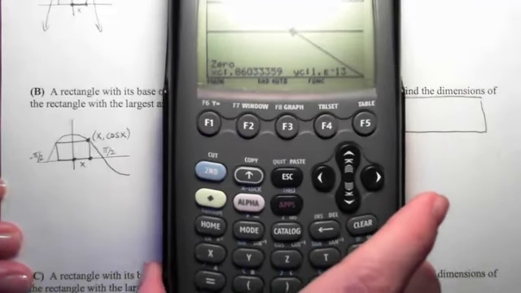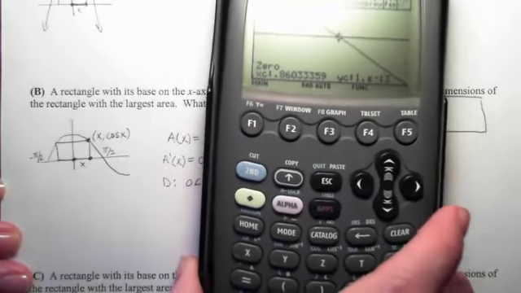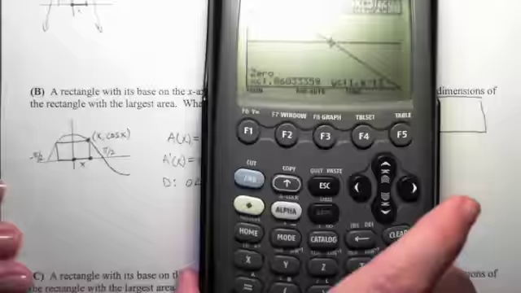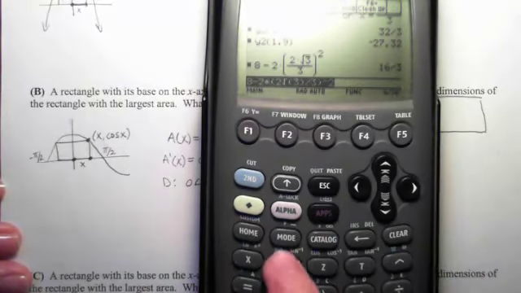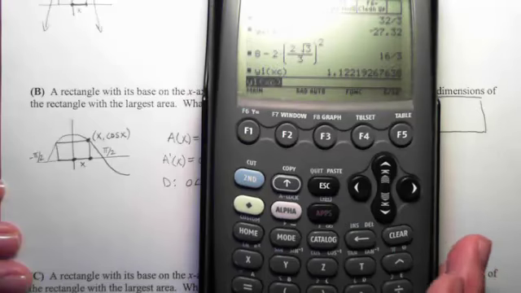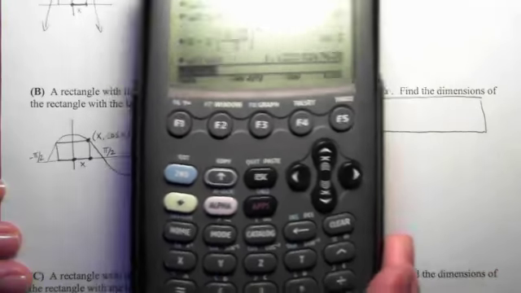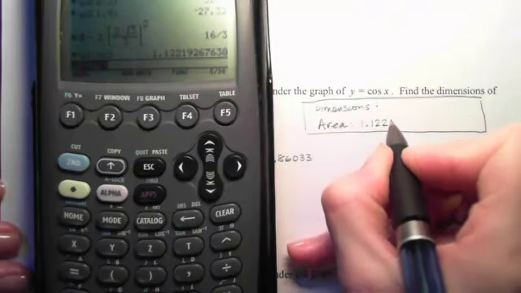So our goal, if you recall, was to find the dimensions and the area of that rectangle. So the area we stored in y1. So if I go to my home screen, I can compute y1 at that x coordinate of the 0 that I just found and is now stored as x alpha c. So if I hit enter on this now, that 1.122 is now the area of the largest rectangle.